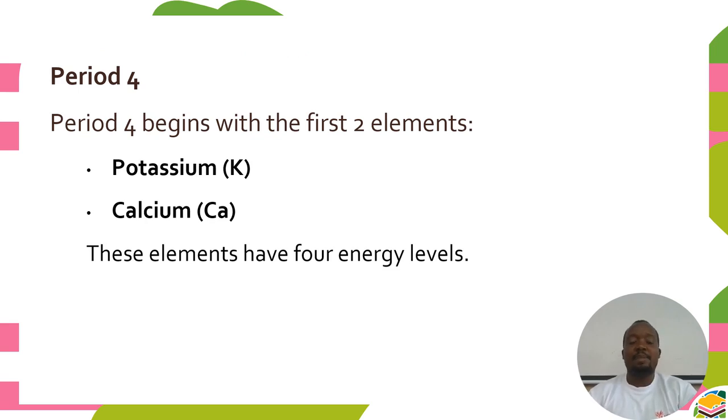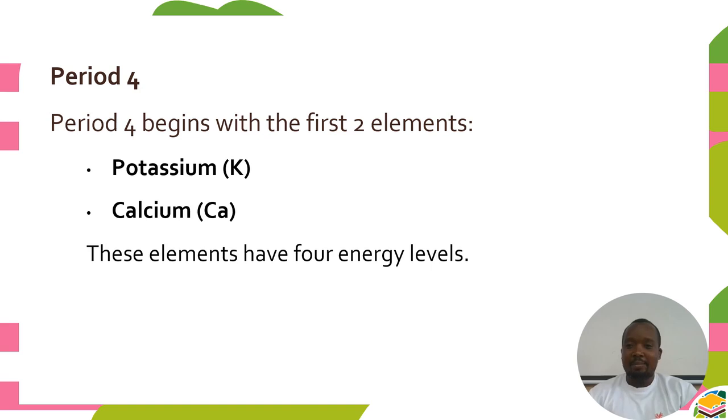Then lastly, period number 4. It begins with the first 2 elements, that is potassium and calcium. If you go to period number 1, we also have 2 elements. Do you remember them?